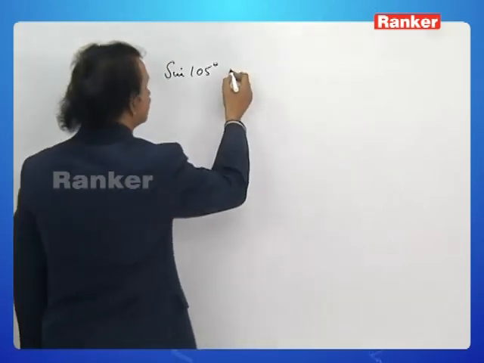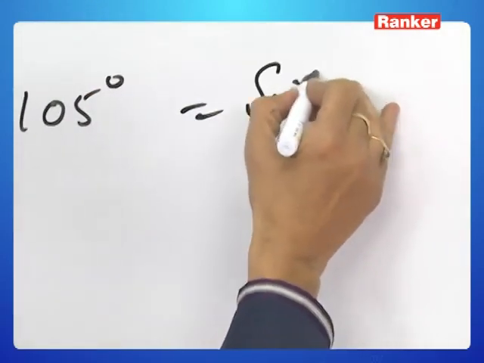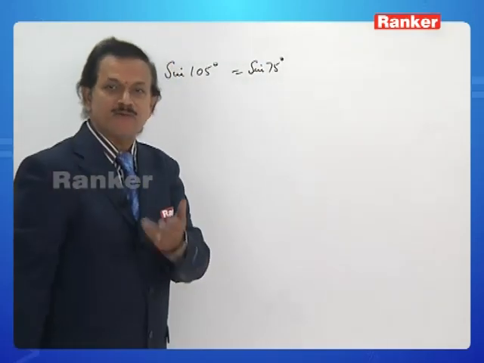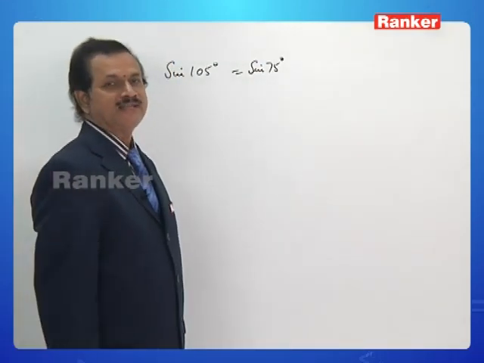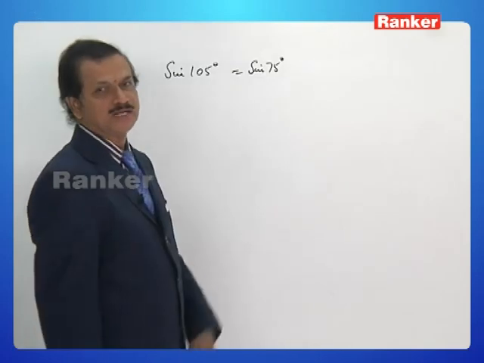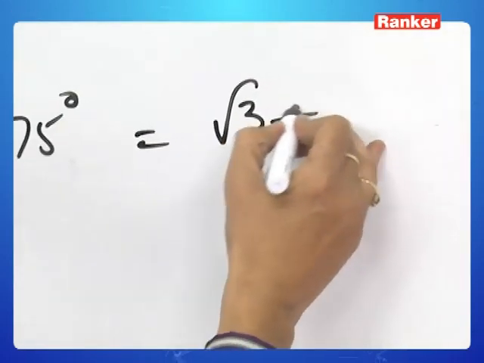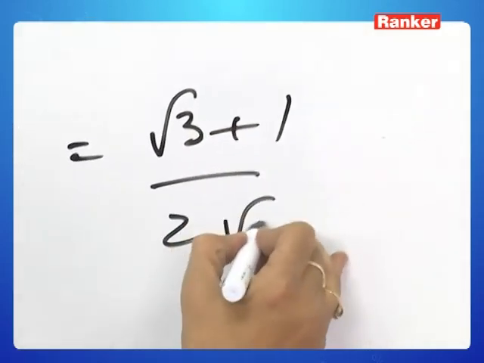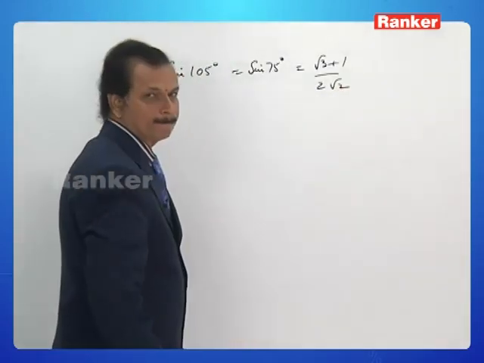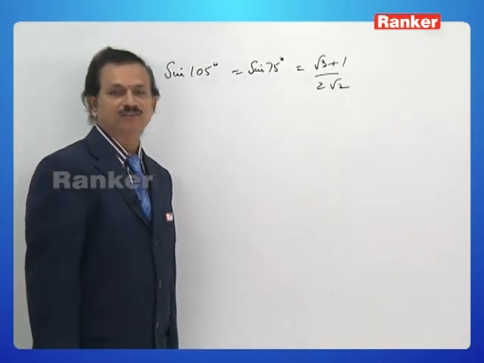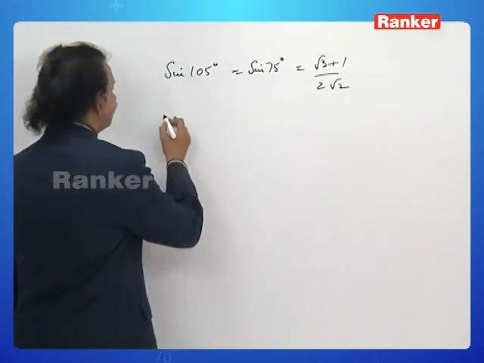Sine 105 is nothing but sine 75. How? 105 degrees and 75 degrees are supplementary, no? As A and B are supplementary, sine A is equal to sine B. But we know sine 75. What is sine 75? Root 3 plus 1 by 2 root 2. Sine 120 is sine 60. Next, sine 135.